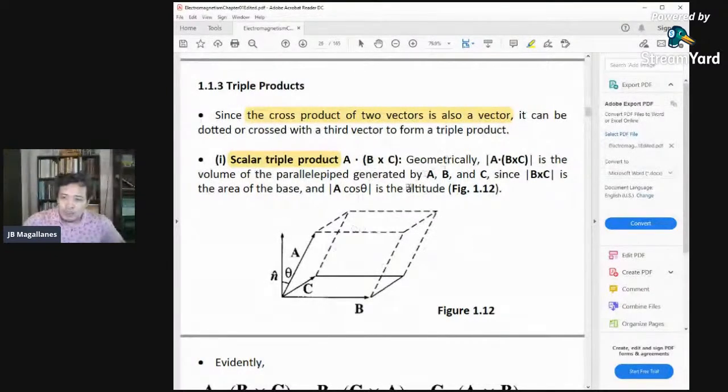Geometrically, A dot B cross C is the volume of the parallelepiped generated by A, B, and C. The magnitude of B cross C is the area of the base, and A cosine theta is the altitude.